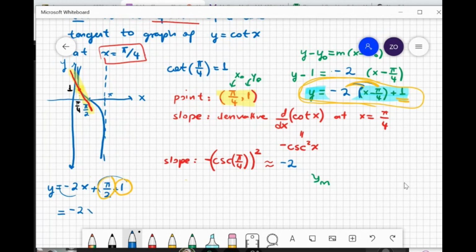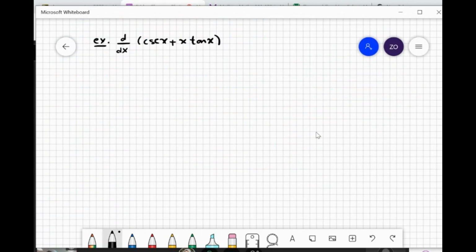So -2x plus, if you get common denominators, pi plus 2 over 2. So now your equation is in slope intercept form.